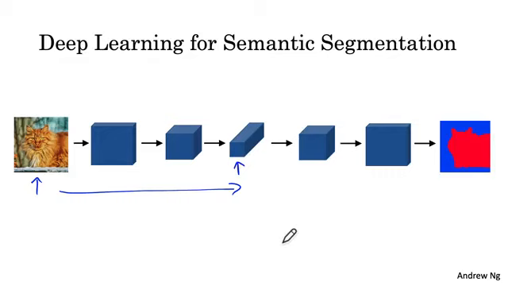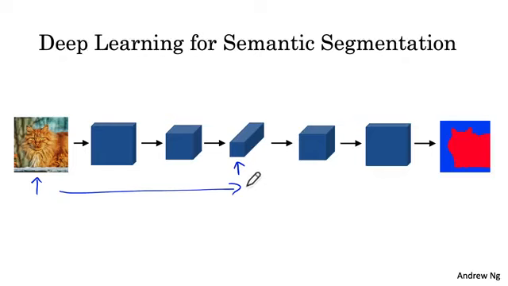So you've lost a lot of spatial information because the dimension is much smaller, but it's much deeper. For example, this middle layer may represent that it looks like there's a cat roughly in the lower right hand portion of the image, but the detailed spatial information is lost because the height and width is much smaller.